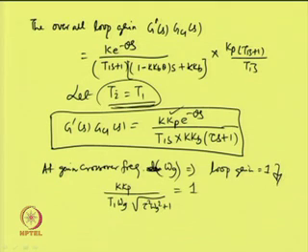So, this loop gain equal to 1 condition gives us K K p upon T 1 omega g root of tau square omega g square plus 1 is equal to 1.